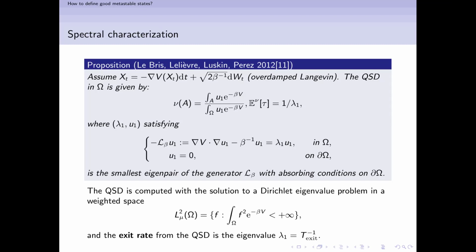So here you have a differential operator. I forgot, here there should be delta. Delta minus 1 delta, so the Laplacian. This is the generator of the dynamics. And you look at the first eigenvalue of this generator with absorbing boundary conditions.